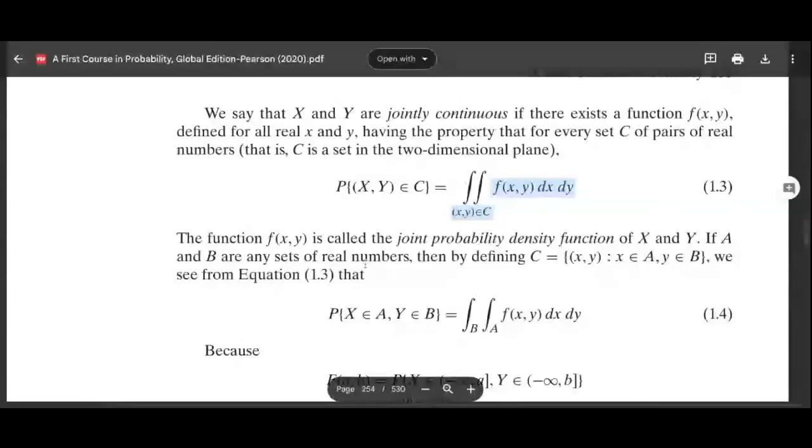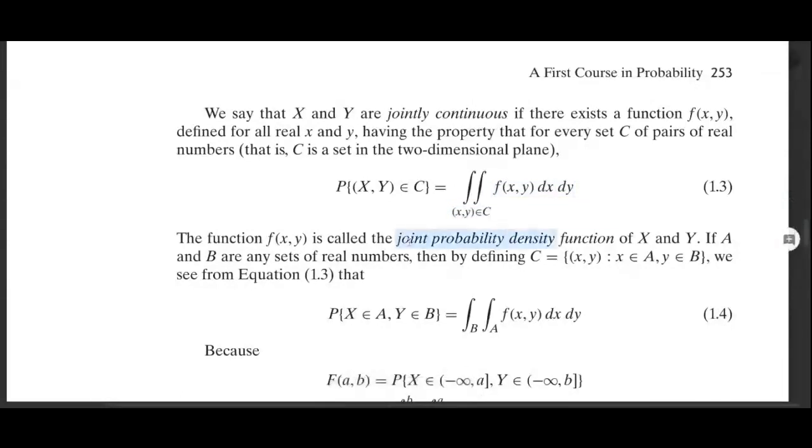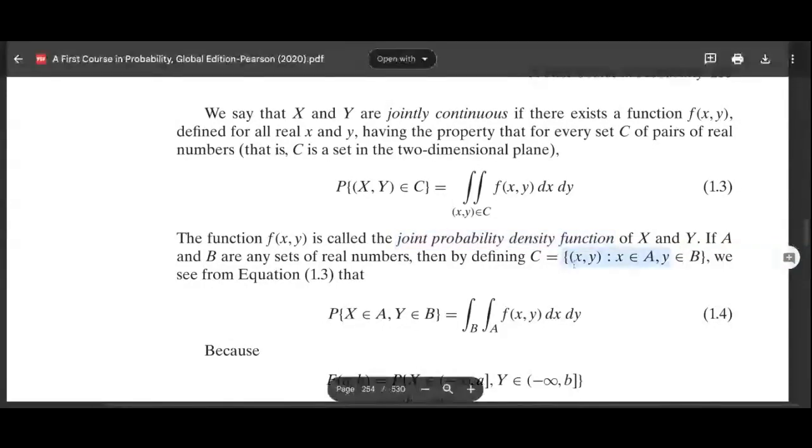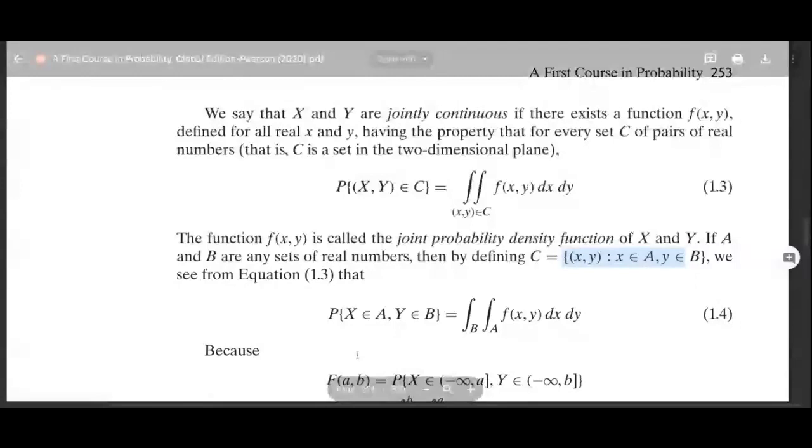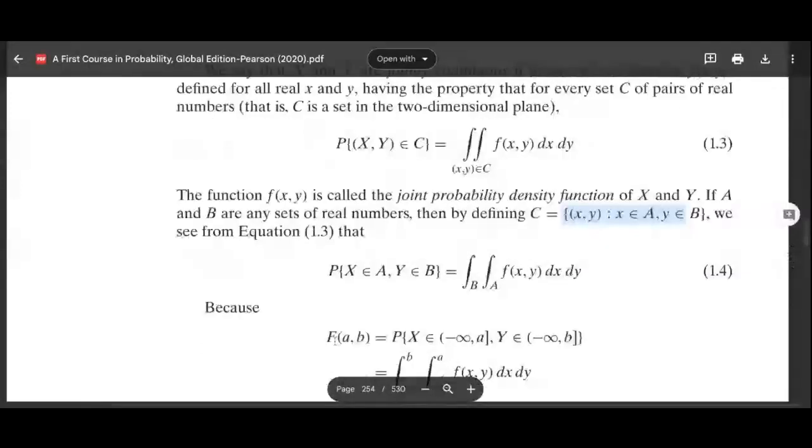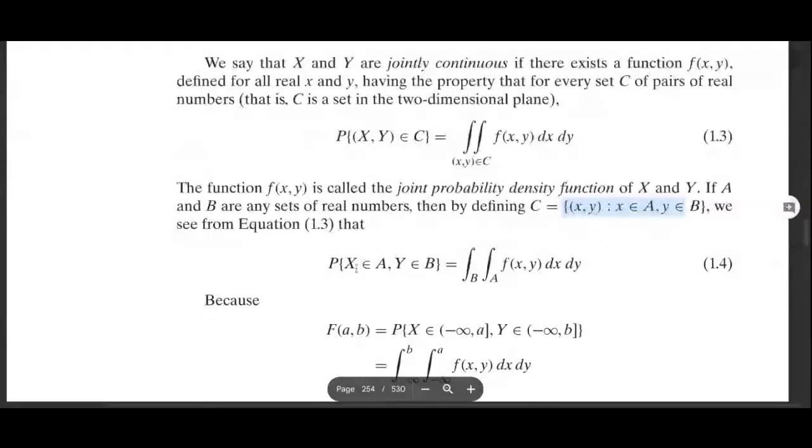The function f(x, y) is called the joint probability density function of X and Y. If A and B are any sets of real numbers, then by defining C as the set with x in A and y in B, the equation can be written as integration over B and integration over A, a double integral.